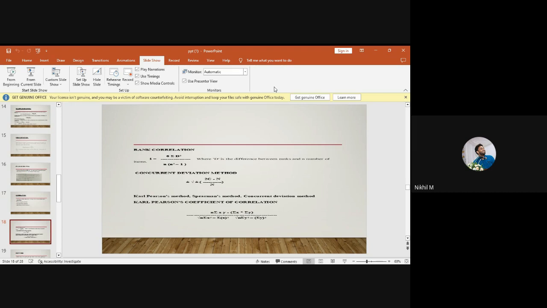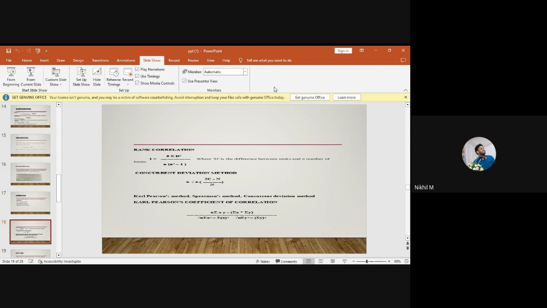There are three methods of correlation: the Karl Pearson correlation method, the Spearman correlation method, and the concurrent deviation method. Actually, the Pearson correlation method is the most popular one.